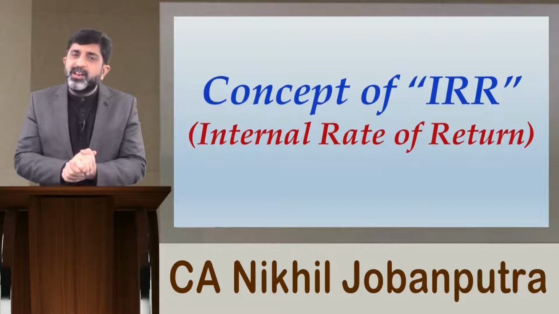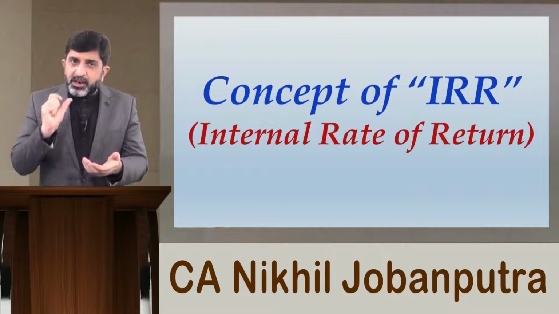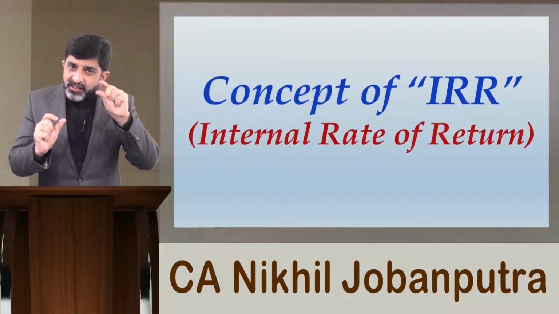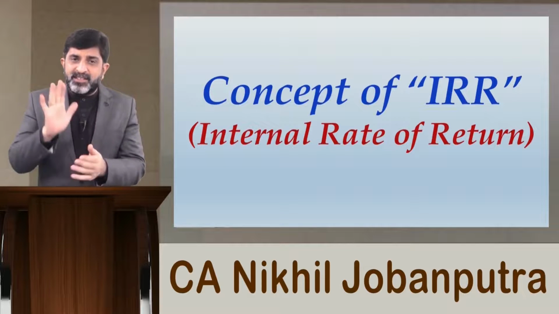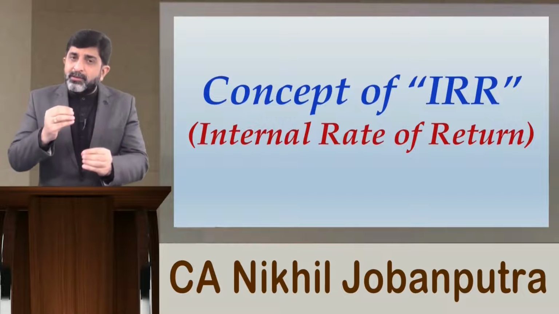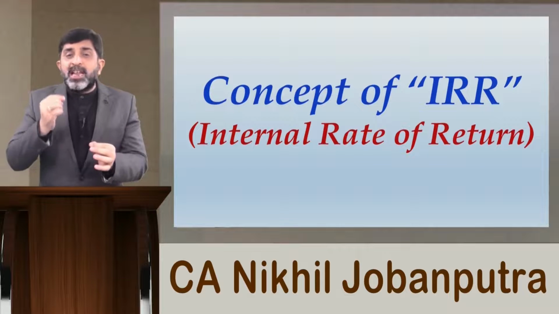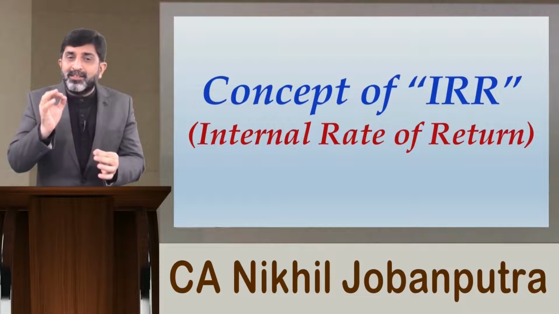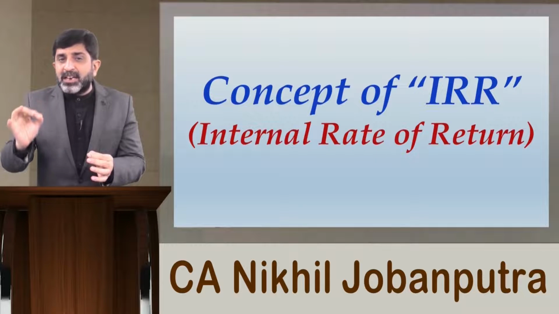Now, the point is very clear. If you are trying to determine that internal rate of return, you should select a discounting rate through which the NPV gets exactly 0. Now, there is no device available where we can compute that IRR directly. Therefore, the only method available on this planet is the trial and error method.